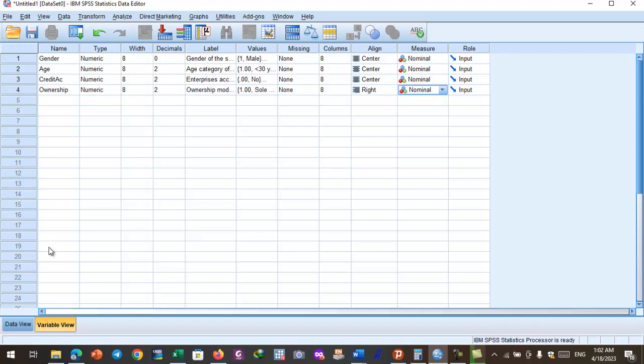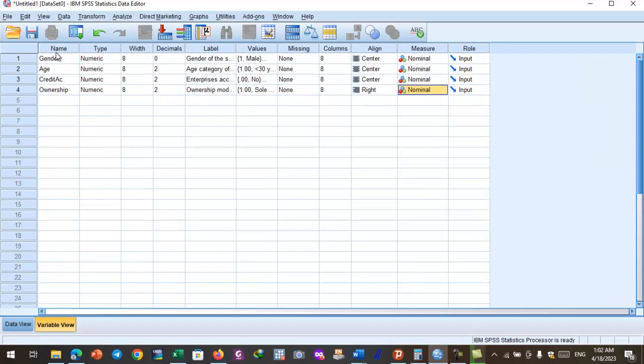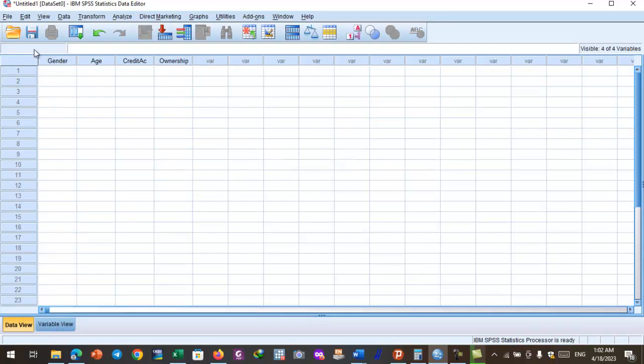Here what I can show you is data entry, recording the data into SPSS. Now we have 4 questions, and for all those 4 questions, let us assume the first participant gave answers, then the second participant, the third, the fourth, the fifth, like that.